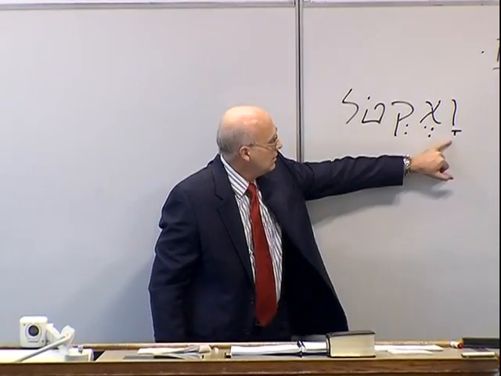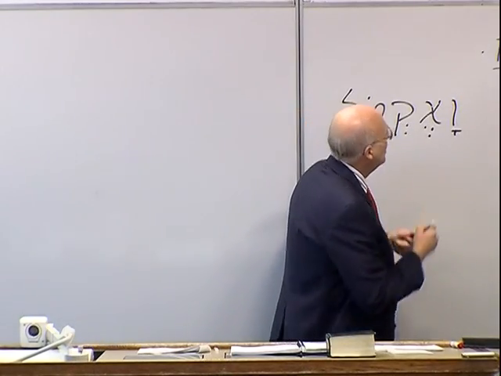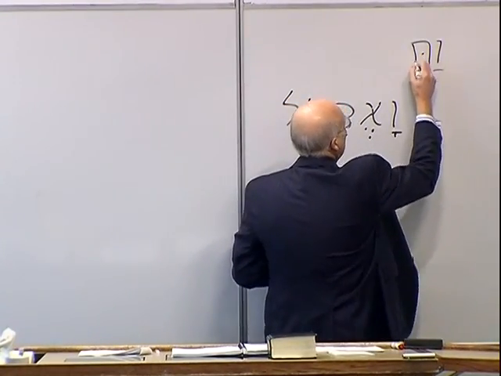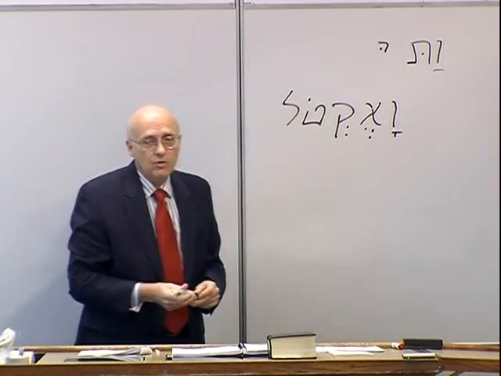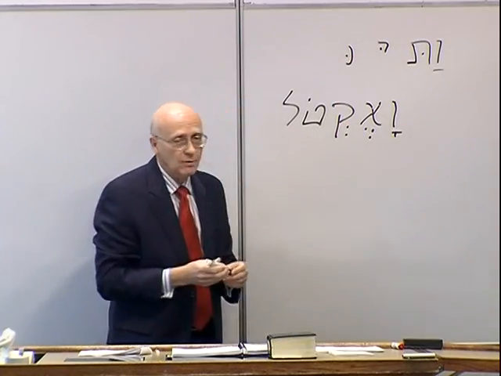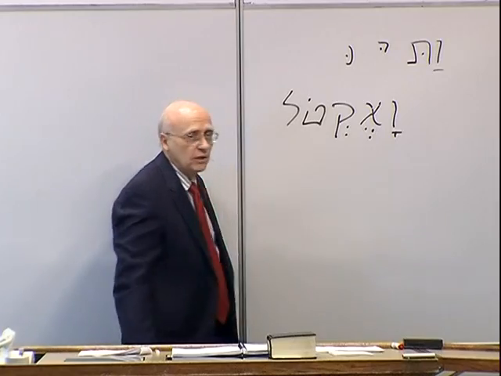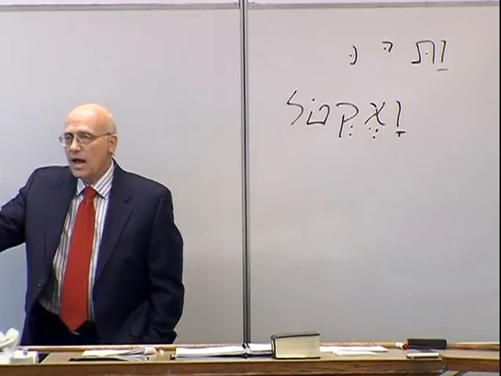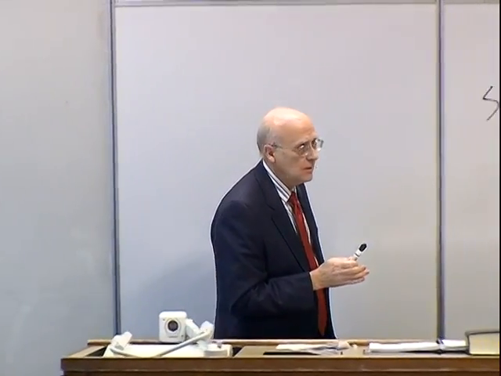It'll be a qamets if it's before the guttural aleph. It will be the patach before the tav prefix, before the yod prefix, and the nun prefix. The nun is the first common plural prefix. So these are the only four imperfect prefixes. It doesn't matter whether it's qal, niphal, hiphil, hophal, piel, pual, or hithpael. Those are the only four prefixes on imperfects.